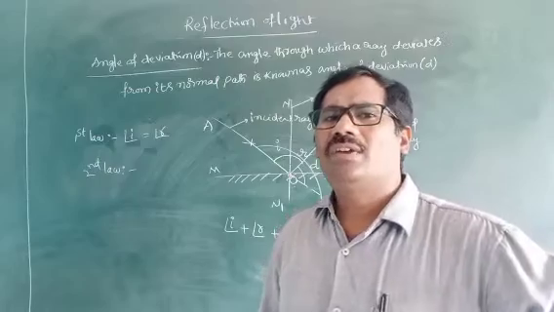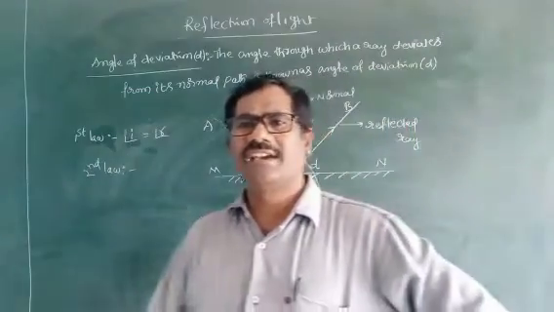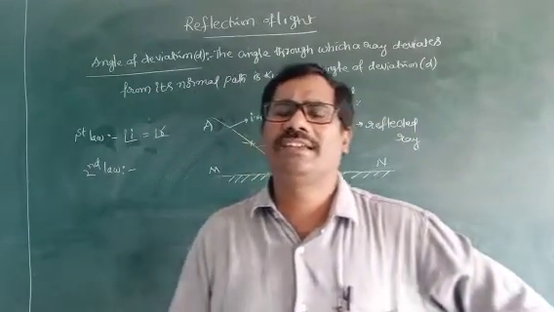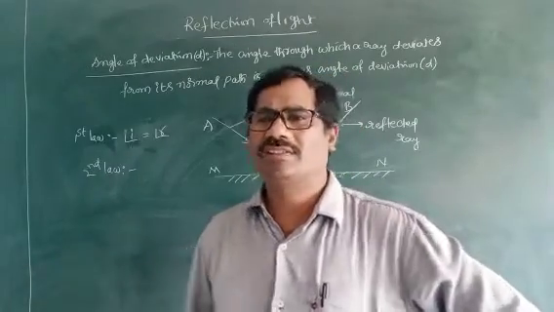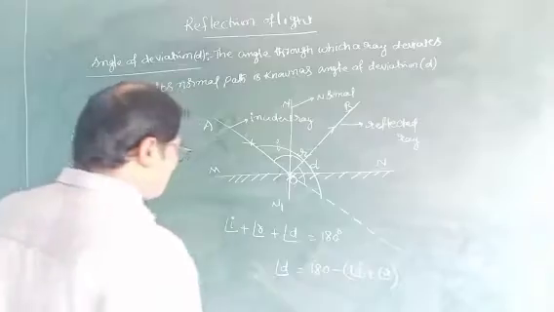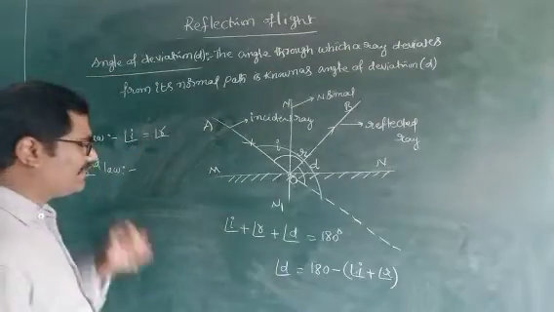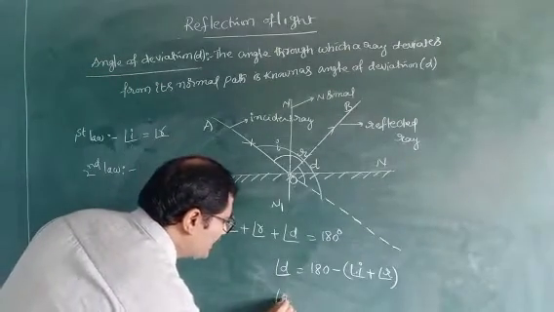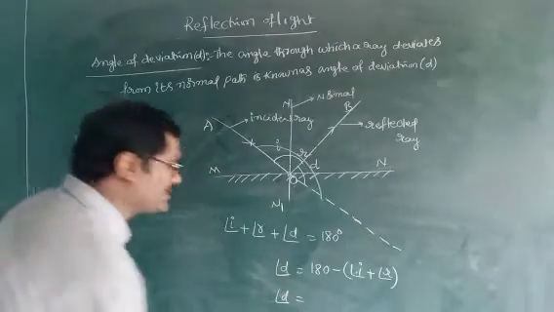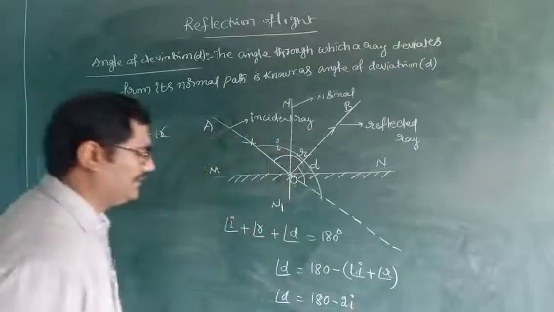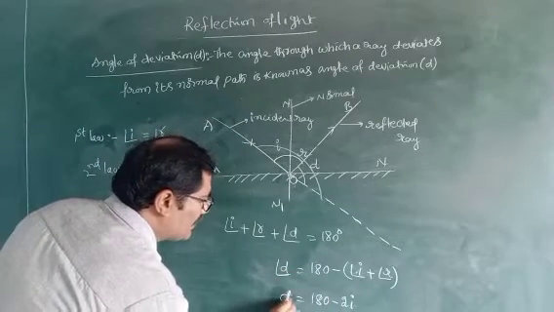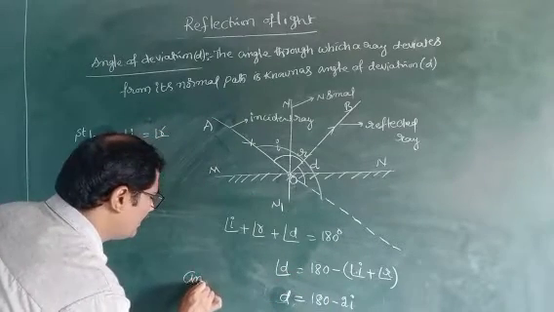Okay. Next, what are the types of reflection? There are two types of reflection: regular reflection and irregular reflection. From the first law, angle I equal to angle R, the angle of deviation D is equal to 180 minus 2I. That is the angle of deviation.